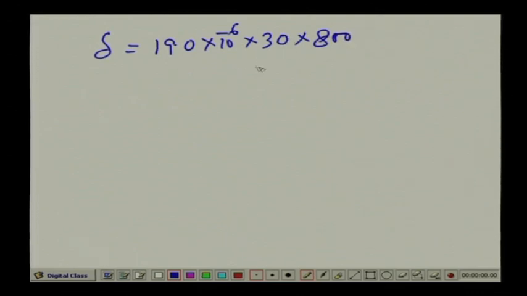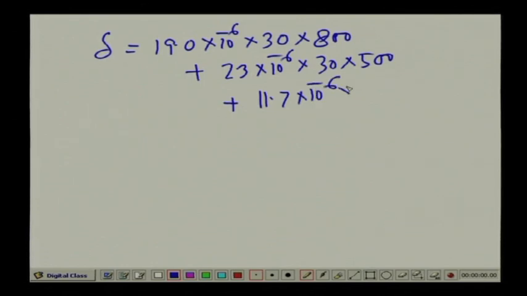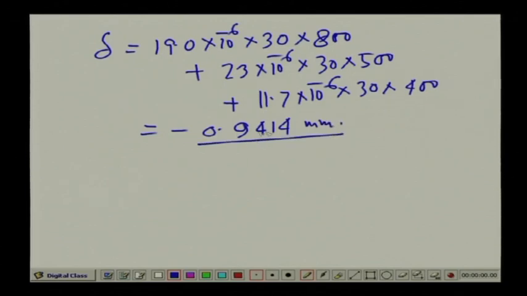If we compute the value of the deformation delta, this is equal to 19.0 into 10 to the power minus 6 into 30, the temperature, times the length, alpha L t, plus 23 into 10 to the power minus 6, alpha times t times L, plus 11.7 into 10 to the power minus 6 into 30 into 400, and this gives us a shortening of 0.9414 millimeter.